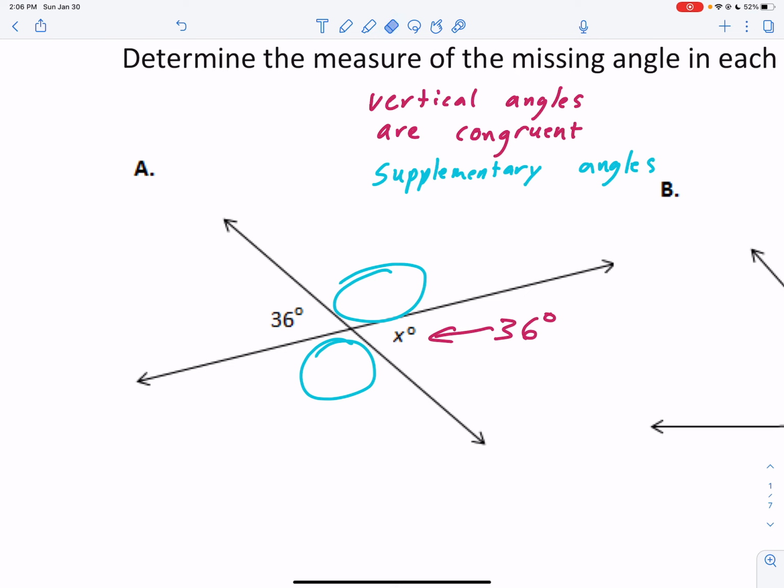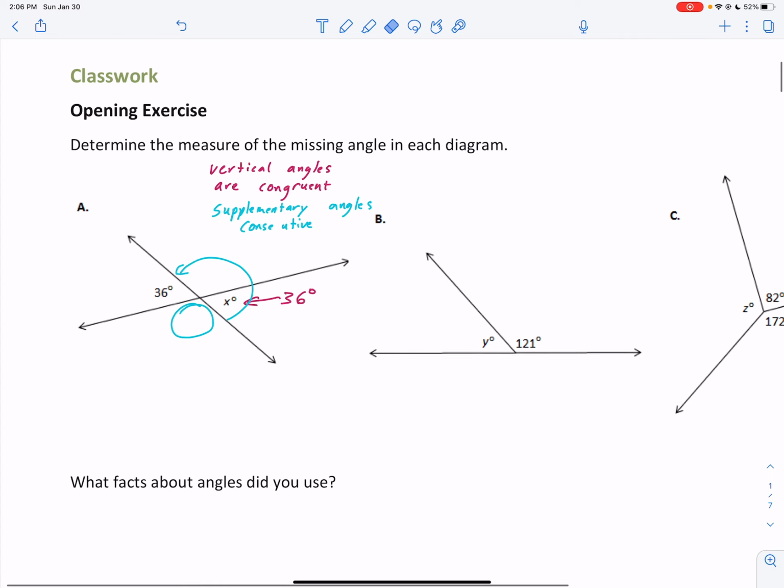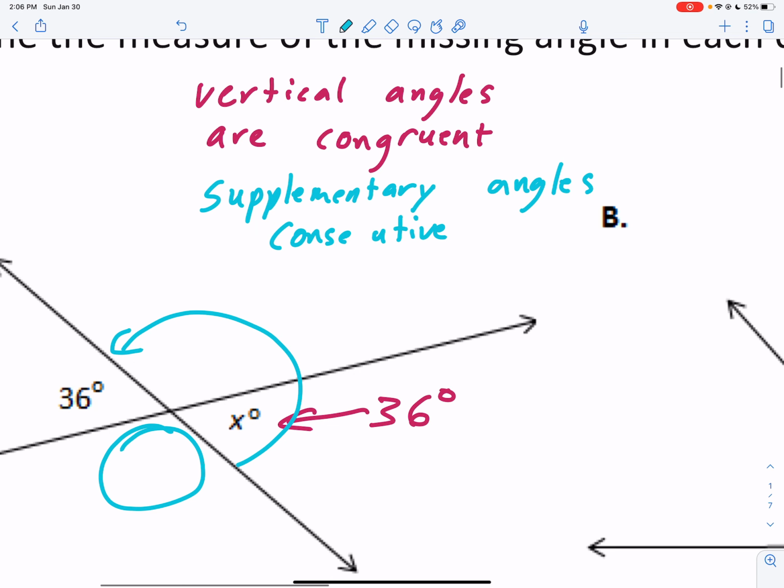So when you have angles that are consecutive angles, these two are consecutive angles. That's the word we're going to use here. So supplementary angles is basically saying consecutive. I'm realizing I don't remember how to spell consecutive. That doesn't happen to me a lot. It's a C right there, I'm pretty sure.